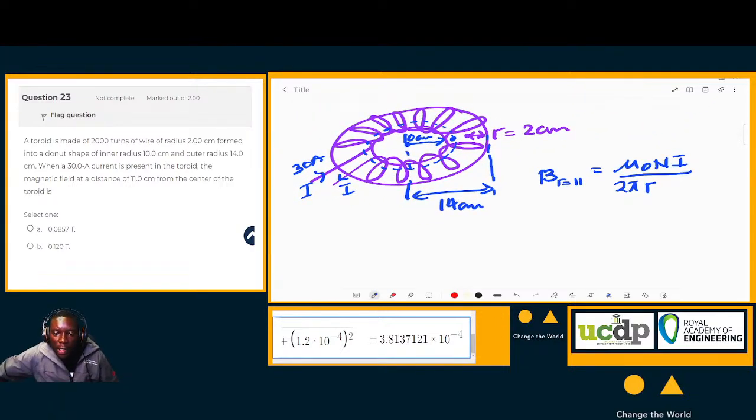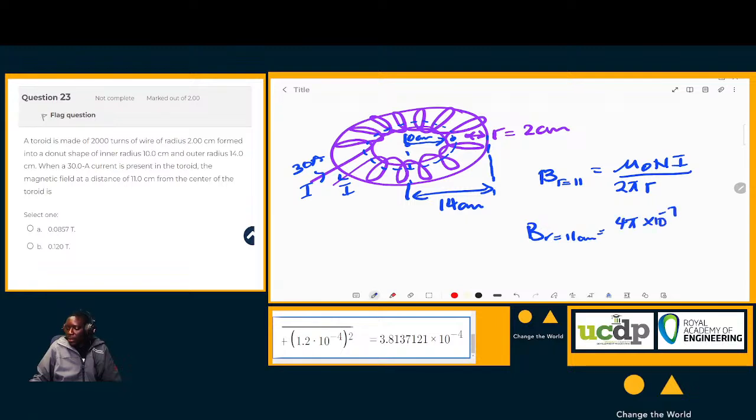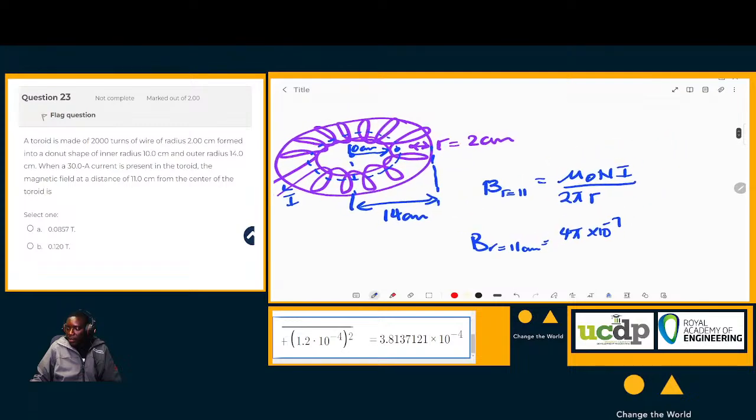So with this formula, what follows? We know that our R is 11 centimeters. So we have B at R equals 11 equals 4 pi times 10 to the negative 7 multiplied by the number of turns.